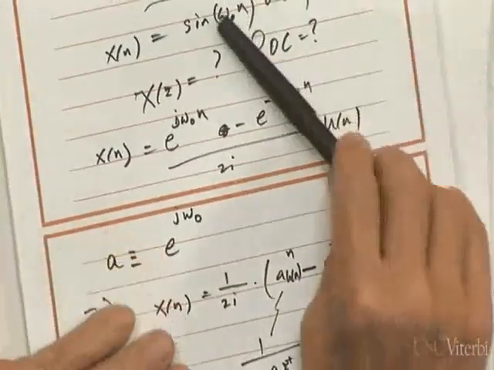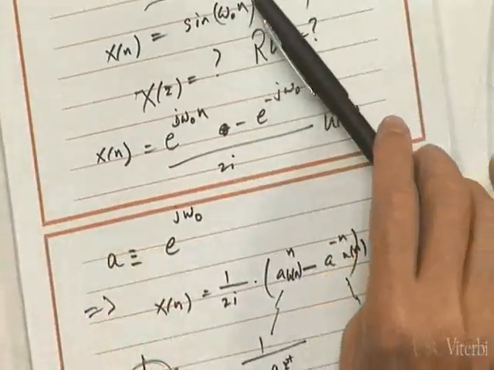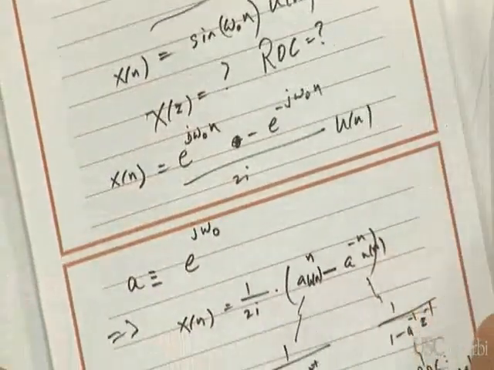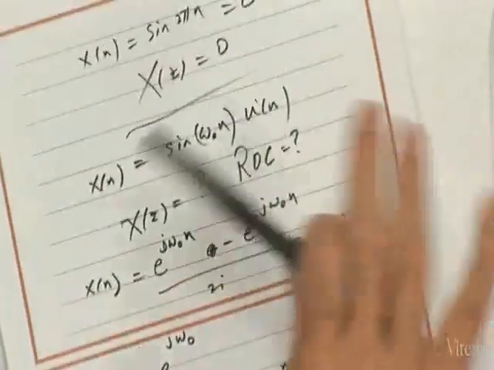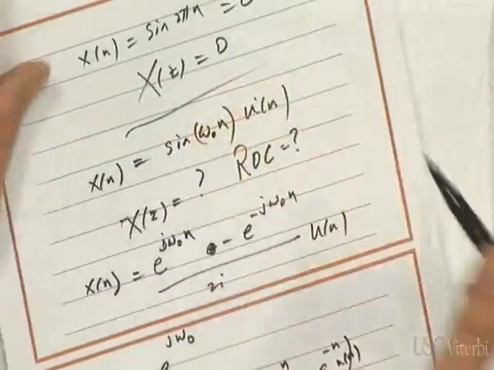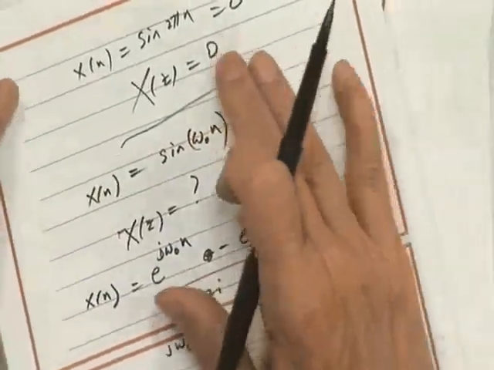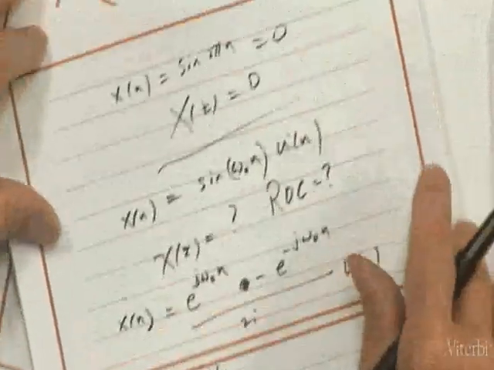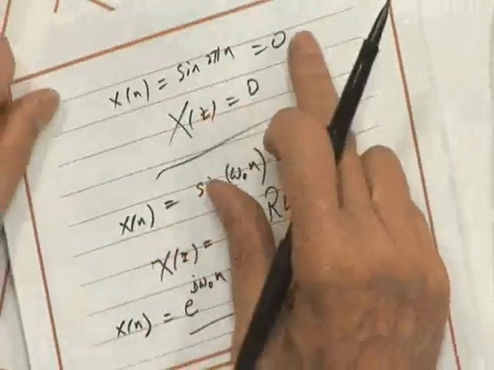So the z transform really wouldn't converge: if u of n were gone, there would be no ROC and X of z wouldn't exist. But if there is a u of n, then you can.